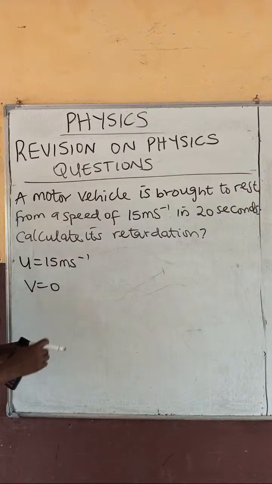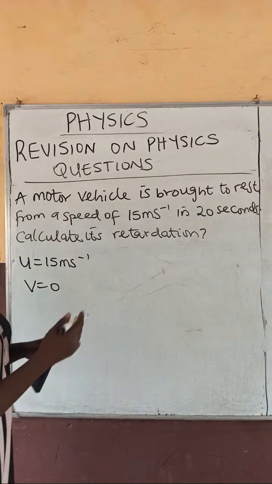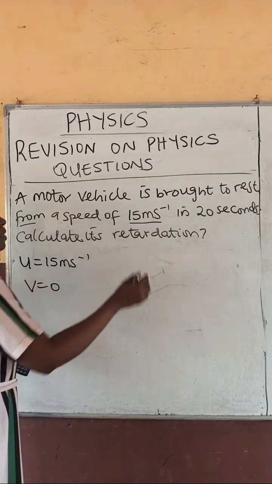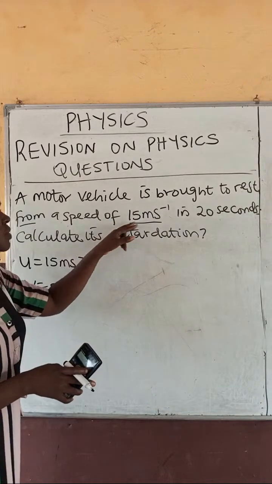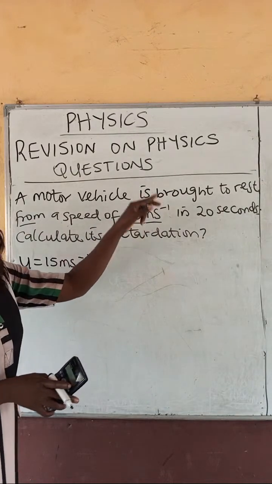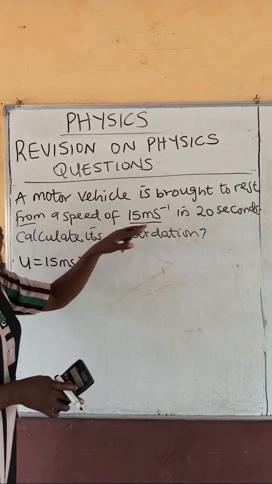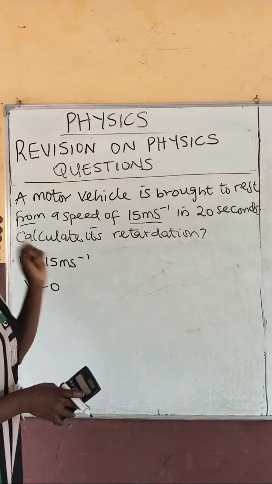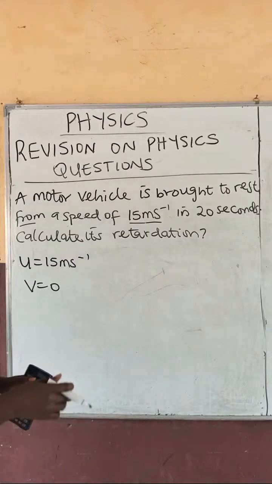And final velocity is 0. Why is final velocity 0? It is brought to rest from a speed of 15 meters per second. It was already in motion with this speed before it eventually comes to rest. So our initial velocity becomes 15 and final velocity becomes 0.